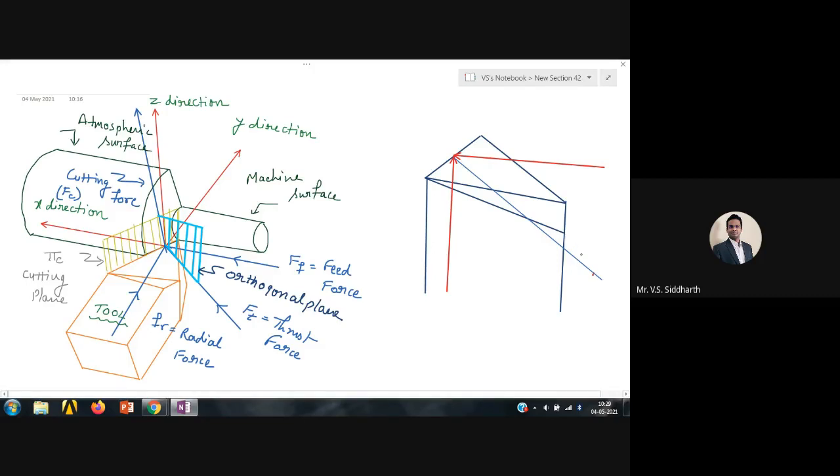Both radial force. You are giving the right answer. Good. This one will be what? Feed force. This one will be what? Radial force. And this one will be thrust force.